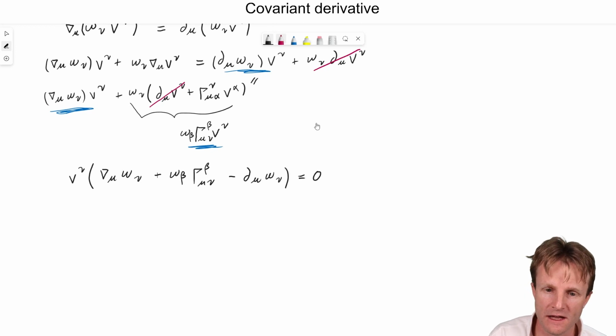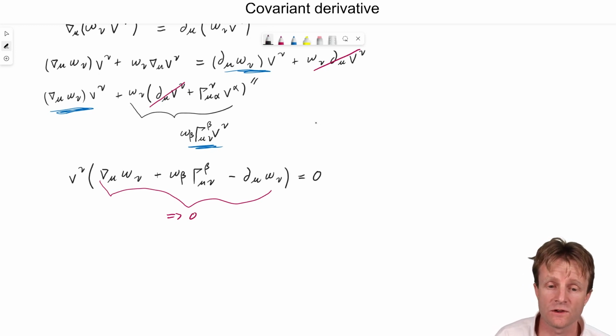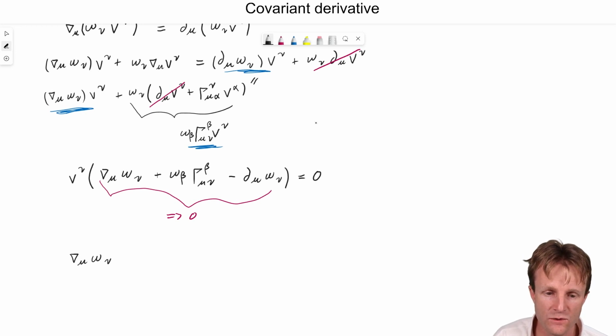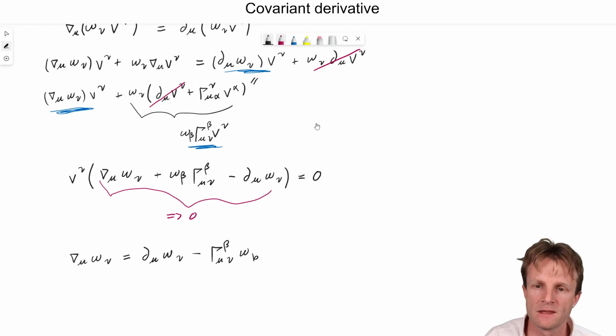And so we find that what's multiplying it here must vanish, and that gives us our desired formula for the derivative del mu omega nu of a one form. Moving things to the right-hand side, it's equal to the partial derivative partial mu omega nu. And now we have a gamma term, but it comes with a minus sign, gamma beta mu nu omega beta. And that is our formula for the derivative of a one form.